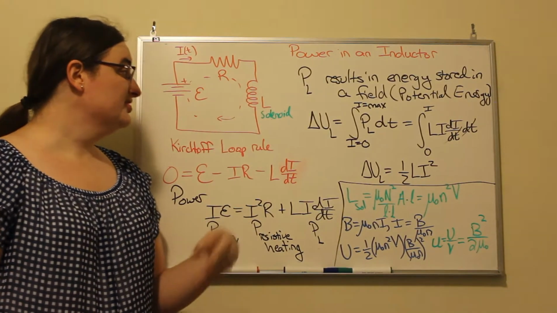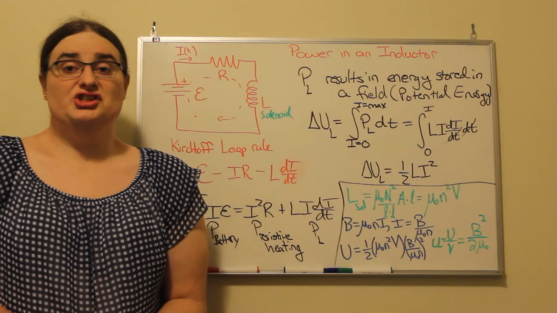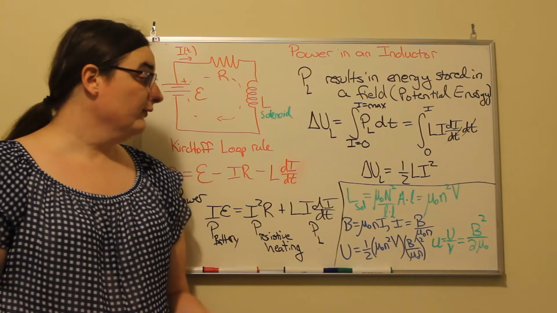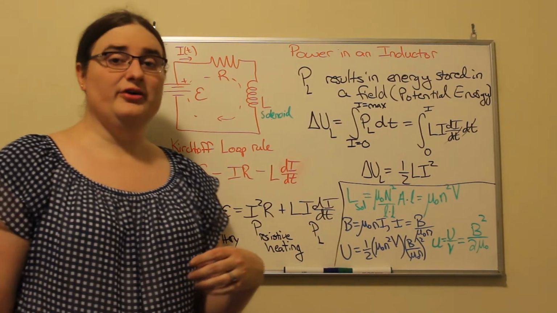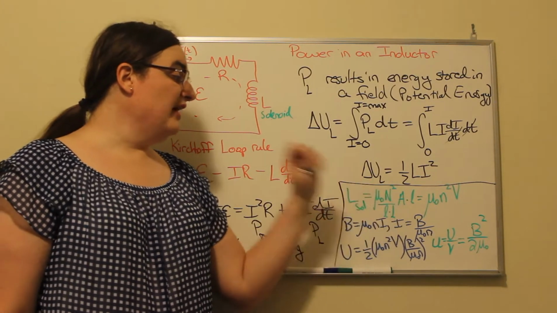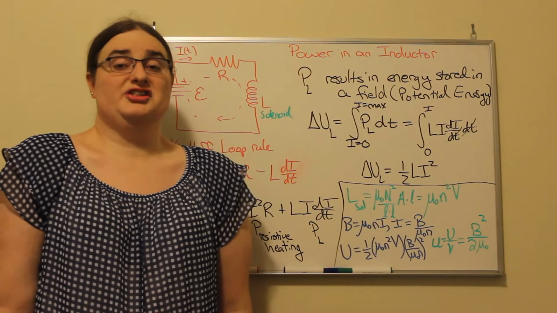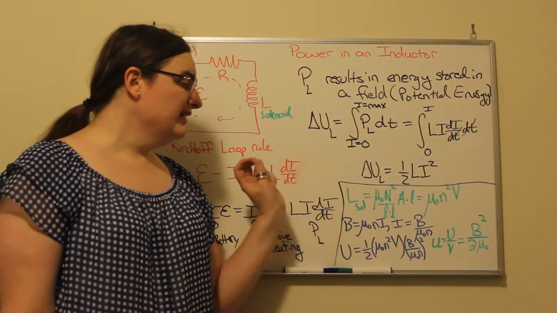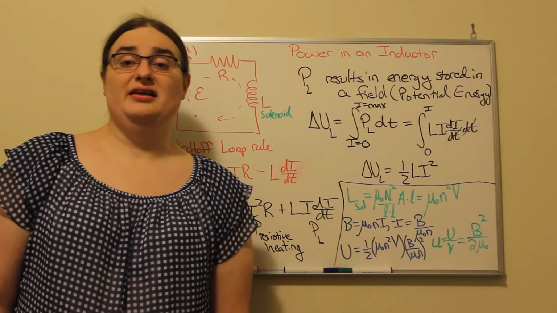Say that our inductor happens to be a solenoid, which is a relatively easy shape that we can deal with. Well, for a solenoid, the inductance of a solenoid is mu naught times the number of turns squared divided by the length of the solenoid times the cross-sectional area of our solenoid. I want to rewrite that a little bit by multiplying and dividing by the length of my solenoid.